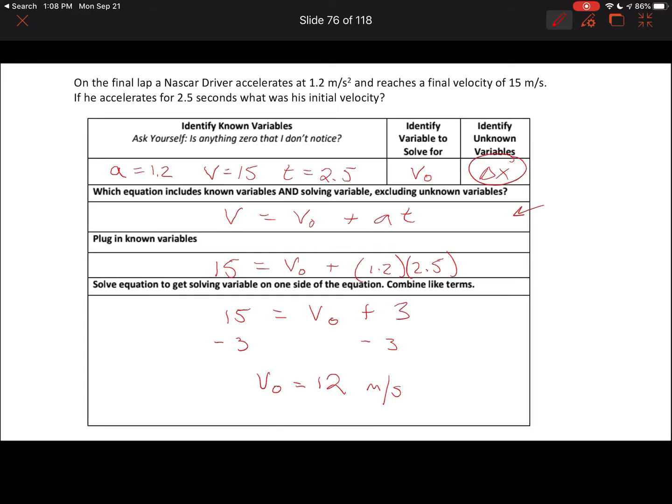So notice my equation that I chose to use does not include displacement, but it gives me one unknown to solve for. Plugging in my values into the equation, I just go through and solve, and we see that we have an initial velocity of 12 meters per second. And it's as easy as that. Kinematics is a lot of just identifying the correct variables, plugging it into the correct equation, and seeing what our answer comes out to be.